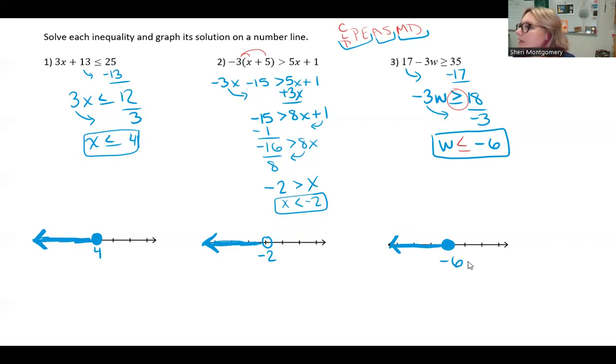Did y'all get the same thing? Good job. Do y'all agree? Graphing is pretty easy. If you can get the answer, graphing is easy.